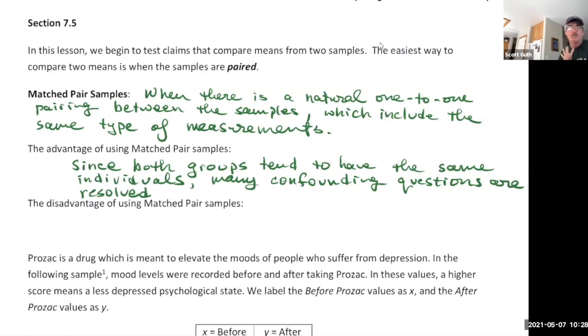Remember, the goal in an experiment is for the groups to be as similar as possible.